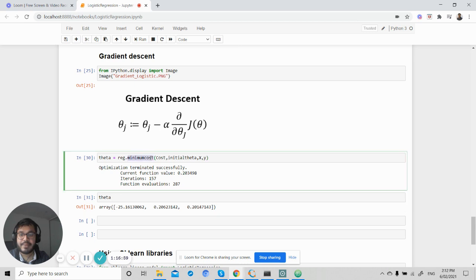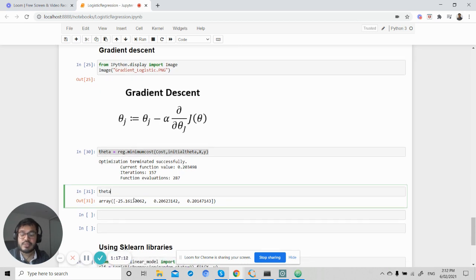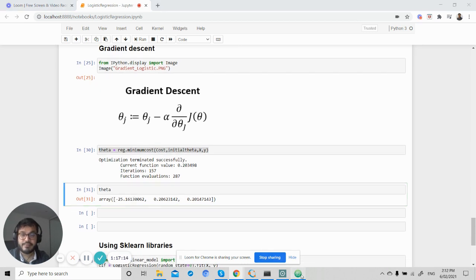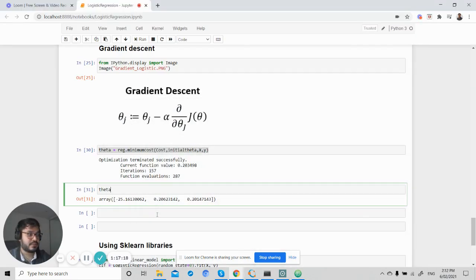If we use the SciPy library for this, we get the optimum value of theta without the hassle of using alpha. So this is the more optimized way of calculating theta using the SciPy library. Okay, I think that makes sense.